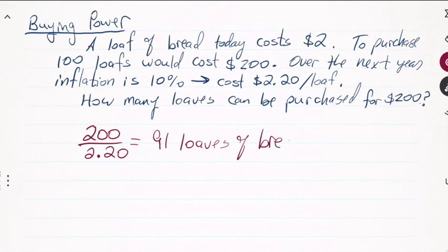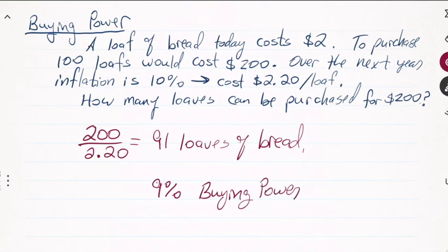So we have lost the ability to buy 9 loaves of bread. So 9% in this case represents the buying power. And in this instance, this buying power is going to be considered a percent decrease.